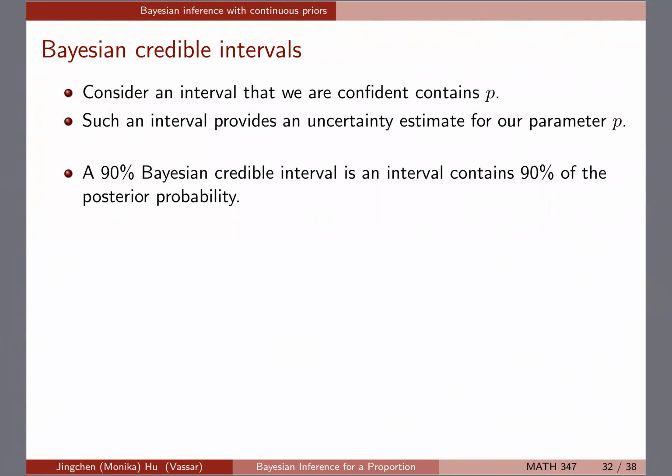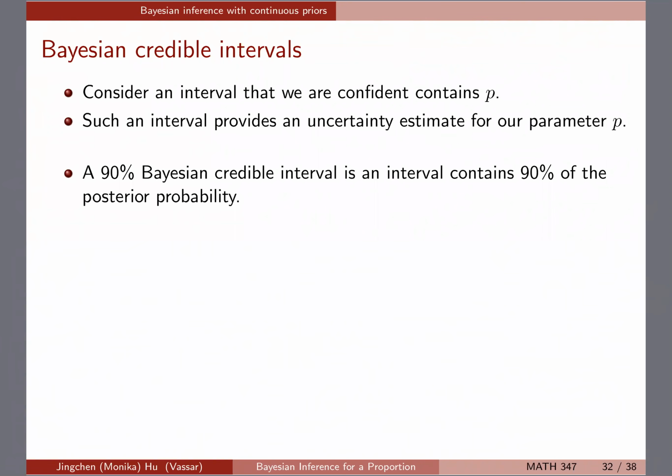Whereas right now, because we're making a probability statement about the unknown parameter, if you can come up with the interval, we call it a credible interval, and it shows you your confidence level. It's a probability statement about the uncertainty, okay? So a 90% Bayesian credible interval is just an interval that contains 90% of the posterior probability, okay?